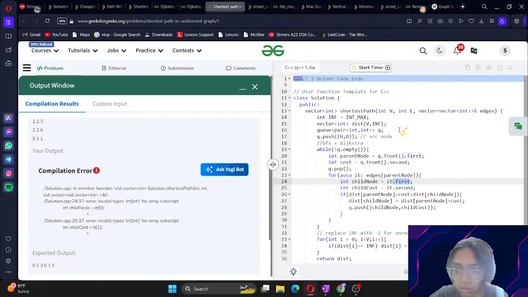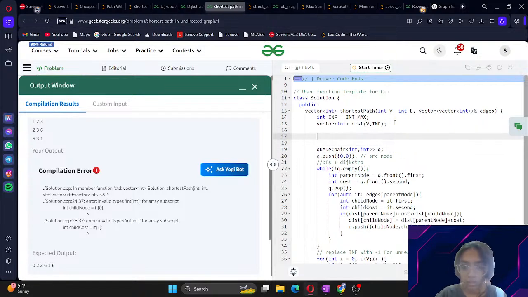So what we're gonna do is let us create an adjacency list. It should be way better than this. So let us create an adjacency list.